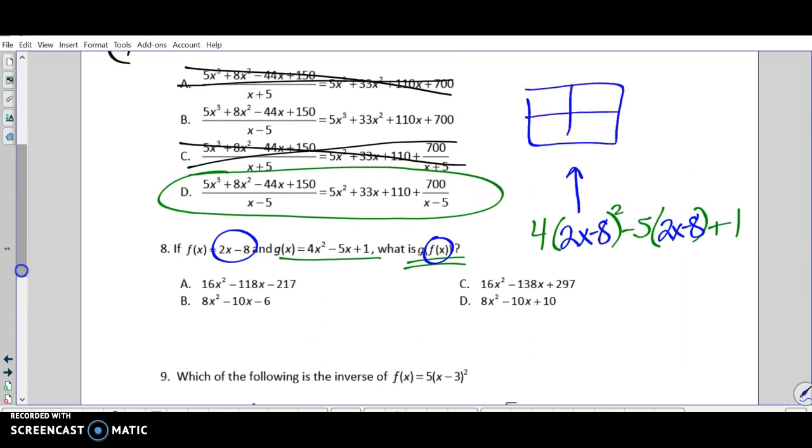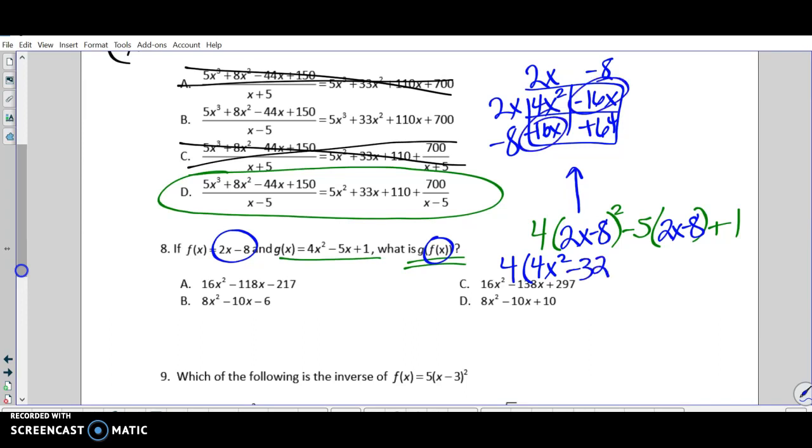This is the same thing as saying 2x minus 8 times 2x minus 8, which is 4x squared minus 16x minus 16x plus 64. Now that you've done that, you can multiply all of that, which combined like terms will give me 4x squared minus 32x plus 64. You can now multiply that all by 4.